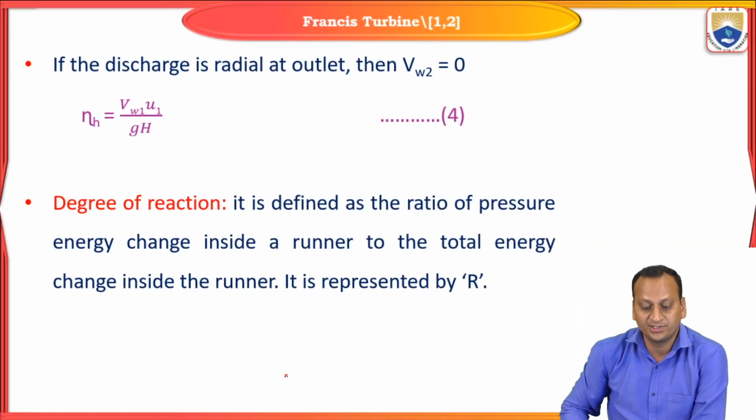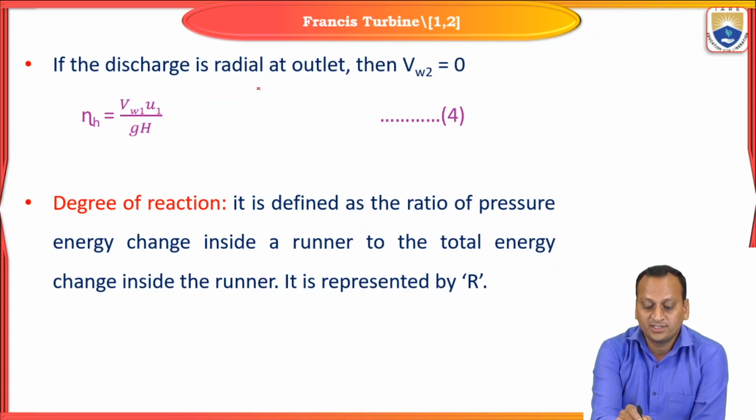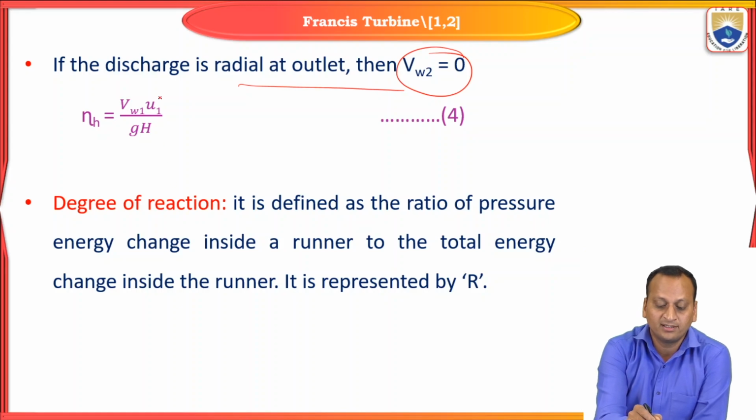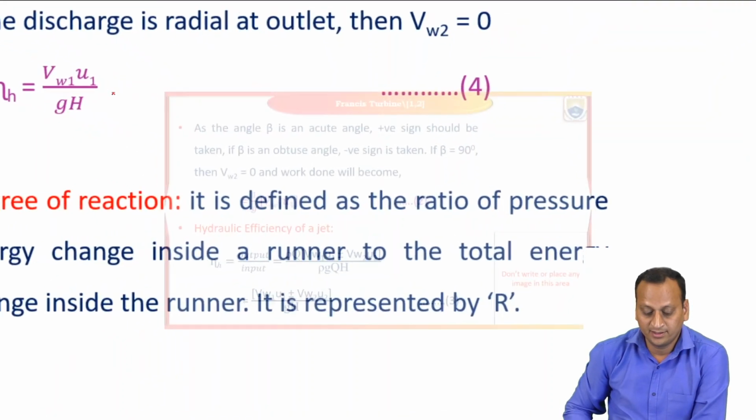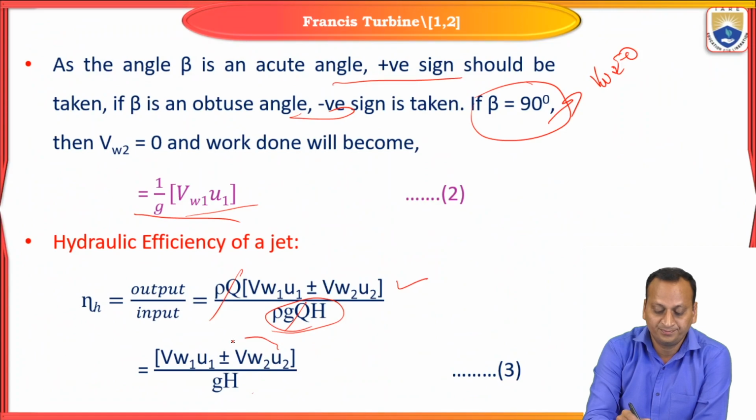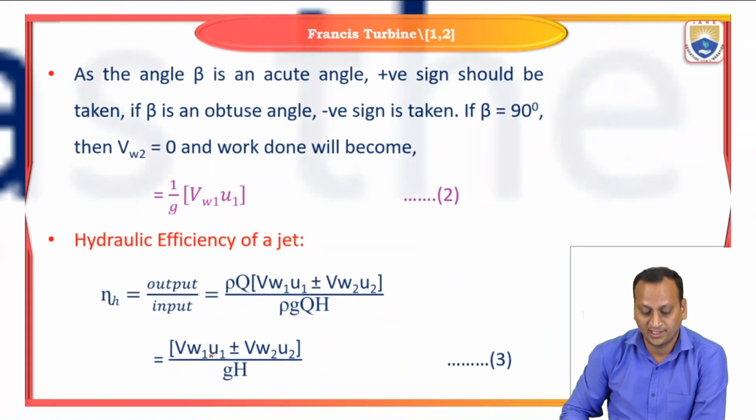This is the hydraulic efficiency of a Francis turbine. If the discharge is radial at outlet, then Vw2 becomes 0, so in the hydraulic efficiency we remove the Vw2 U2 component.